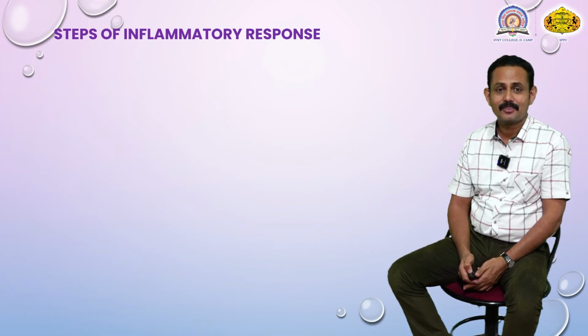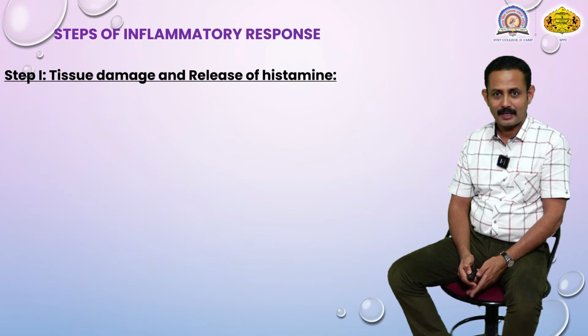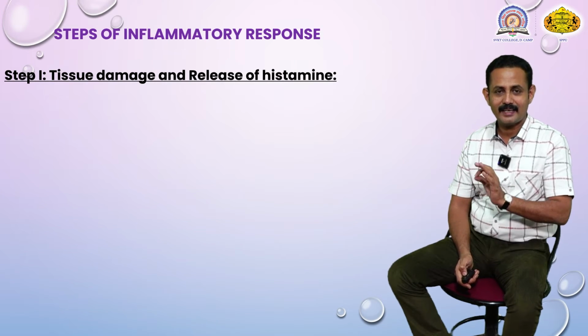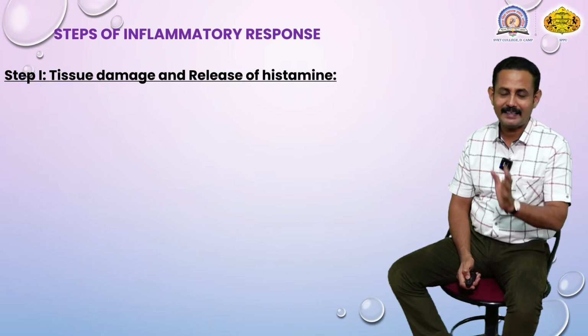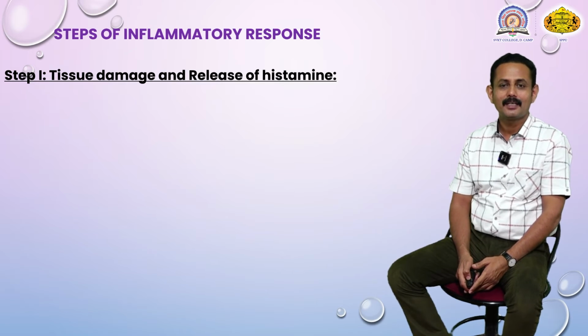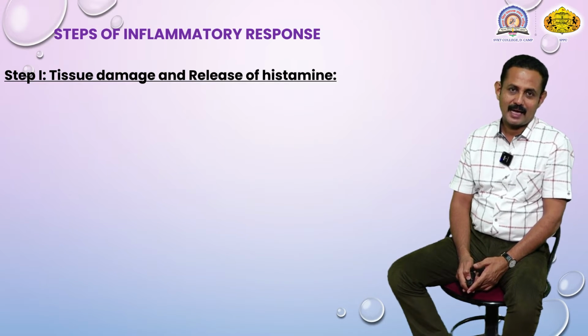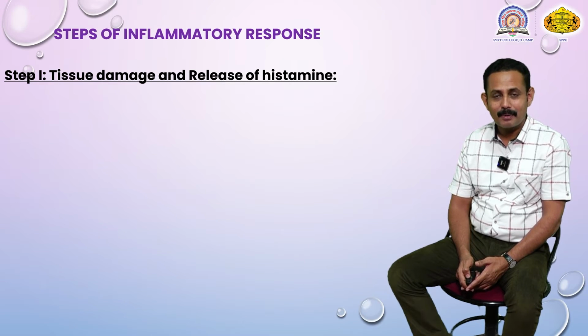So let us see the steps of the inflammatory response. The first step: inflammation cannot start unless damage to that tissue takes place, or the intactness of that tissue is lost. So the first step is tissue damage, and immediately after damage, release of histamine from that tissue.